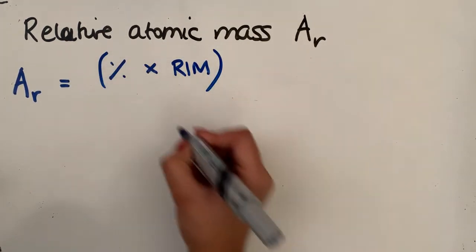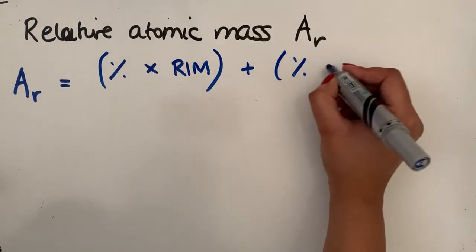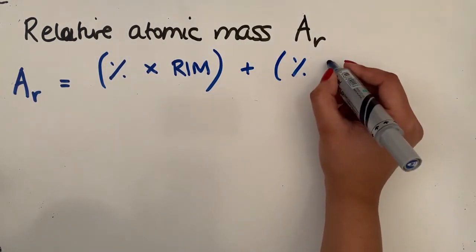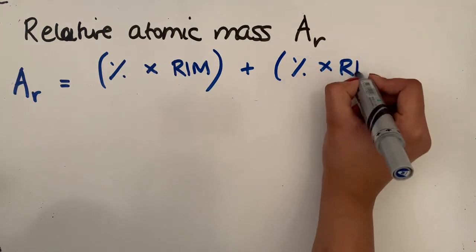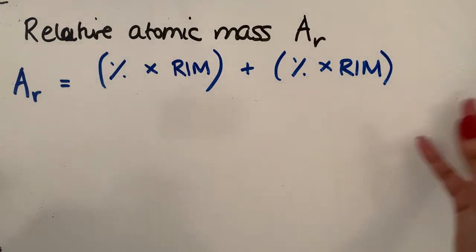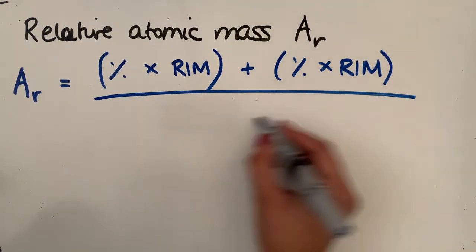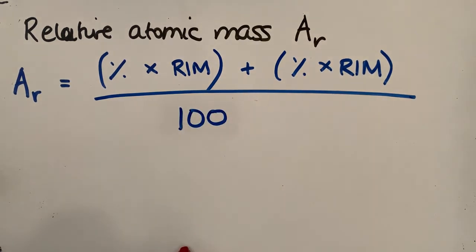That's isotope number 1. We do the same thing for isotope number 2, so the percentage of that isotope multiplied by its relative isotopic mass. And if there's another isotope, we just do the same thing again, and we divide all of that by 100, and that gives us our relative atomic mass, okay?